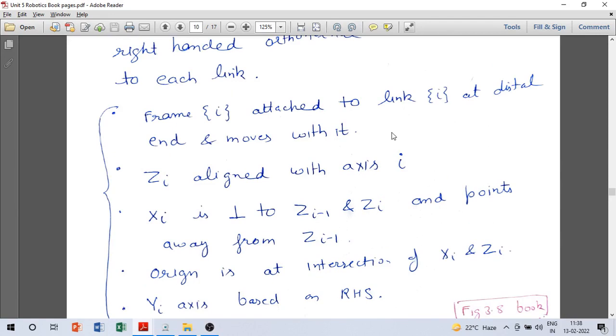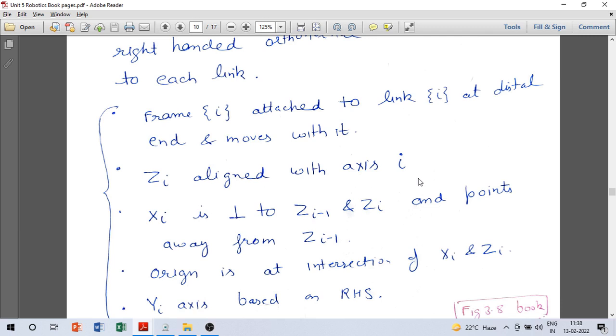Now we'll have to assign x_i, y_i and z_i. When we have done that, we'll also have the origin and the coordinate frame i assigned. First of all, we assign z_i, and it is aligned with axis i, so it is straightforward.